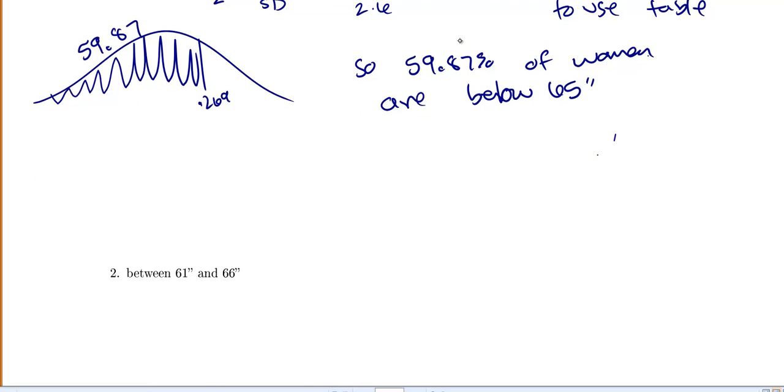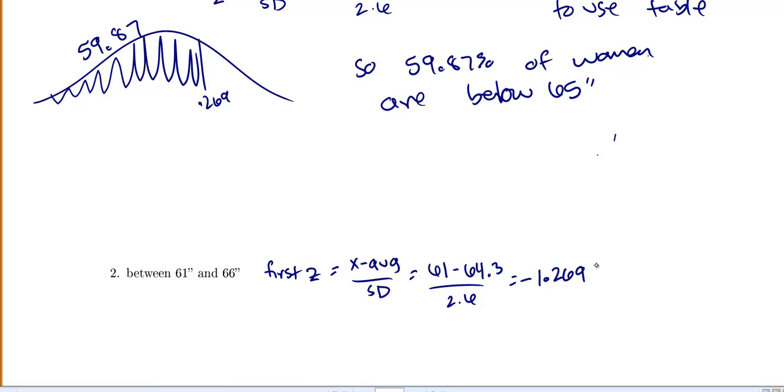We want to know how many women are between 61 and 66 inches. The problem with this is there's 2 different X values, so we have to find 2 different Z values. So again, it's X minus the average divided by the standard deviation. So my first X value is 61 minus my average of 64.3 divided by 2.6, which is negative 1.269.